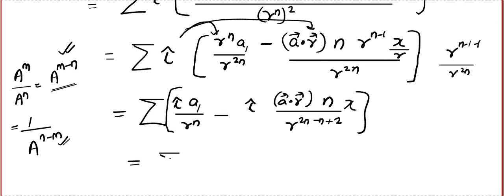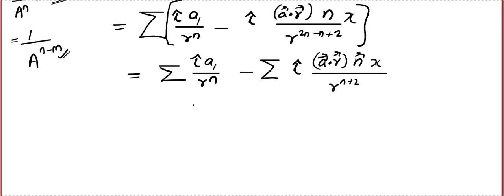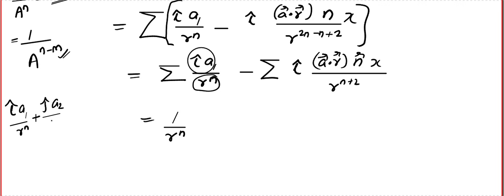Come on, now I'm going to split this into two summations. Now if you take this r power n outside, then we will be left with, or imagine you expand this summation, what will you get? You will get a1i by r power n plus a2j by r power n plus a3k by r power n.